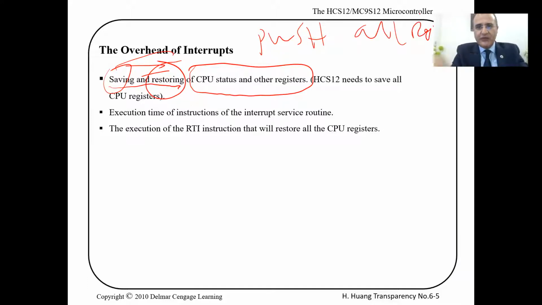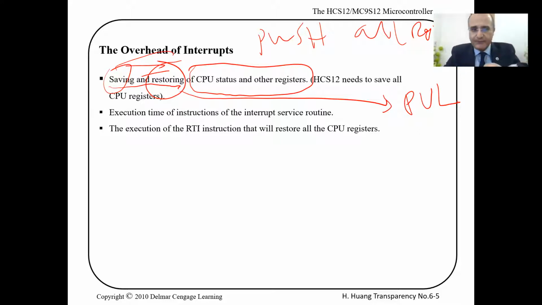And this will take time. We know pushing every register will take this amount of time. Then restoring them, this will cause a pull of all registers from the stack. This is an overhead. And if I ask you to give me in numbers, what is the amount of time in terms of clock cycles or microseconds, if I give you the oscillator frequency, you should be able to compute this.